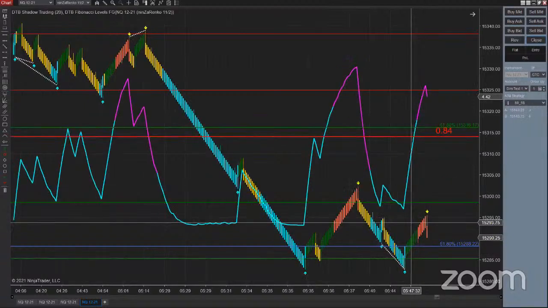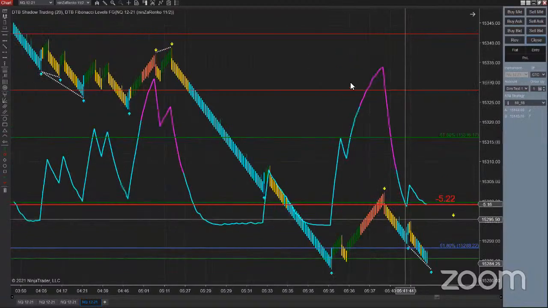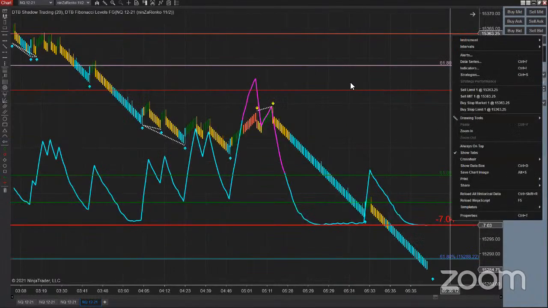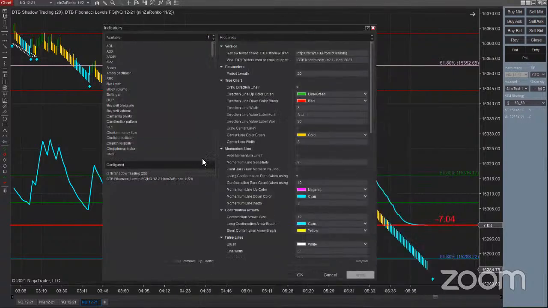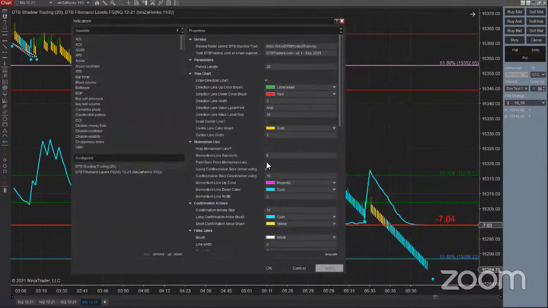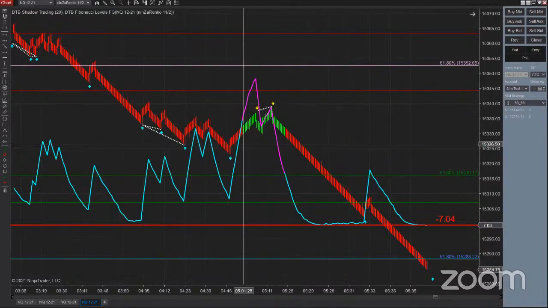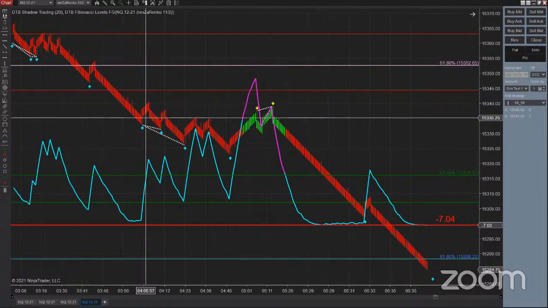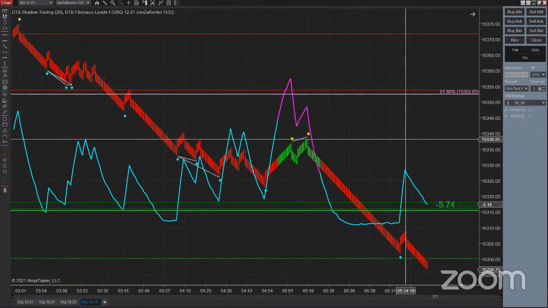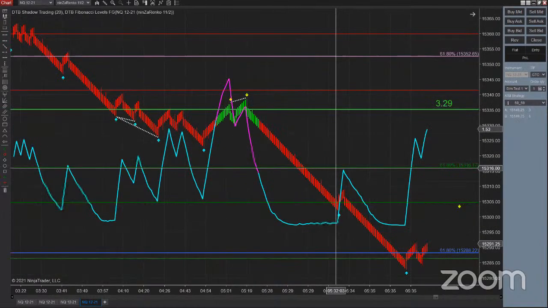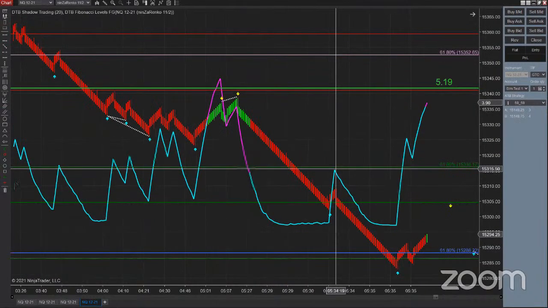And you can also go and change the indicator on here. So if you go to the shadow trading and you use the paint bars from that, you can also set up a situation where it's giving you the coloring of the bars, and then you could also choose to only be in a trade once the coloring of the bar changes.